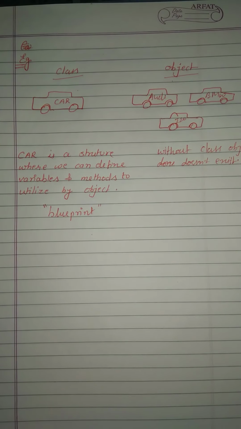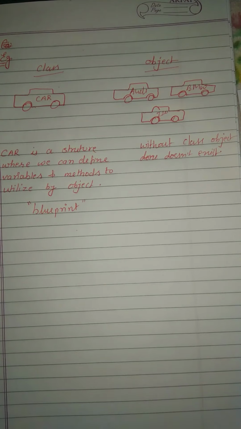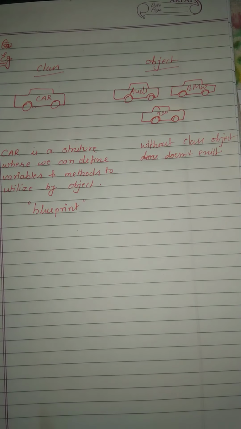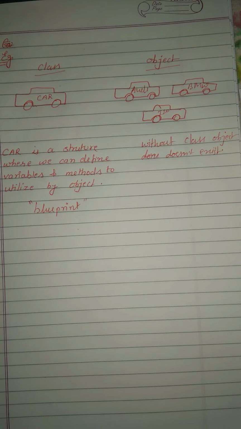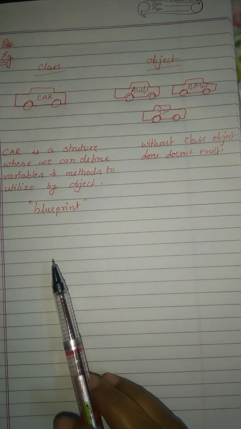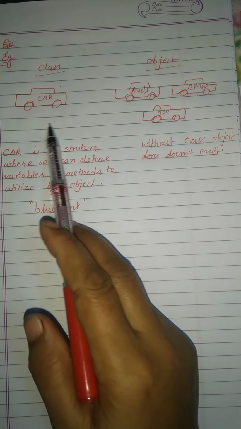That is true because without the blueprint of a car, you cannot implement the Audi, BMW and i20. First, it needs the blueprint. Before creating different cars, the first car has to be developed.